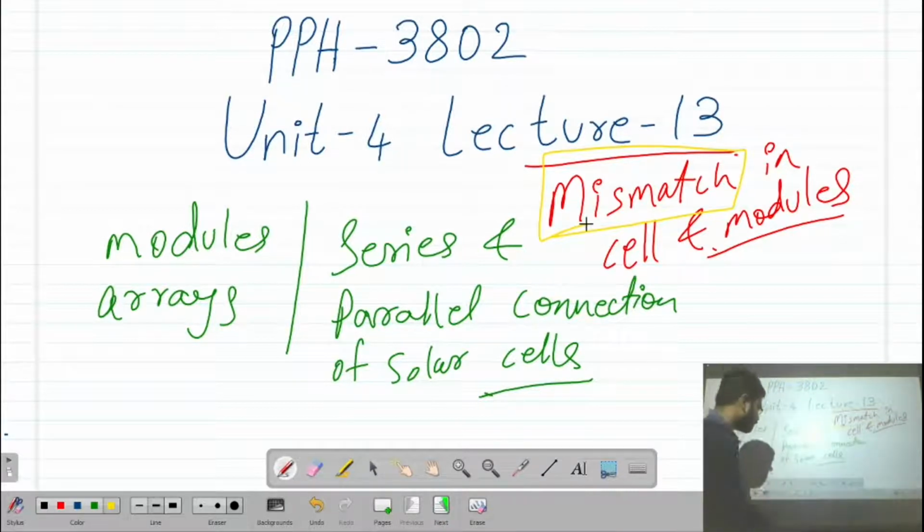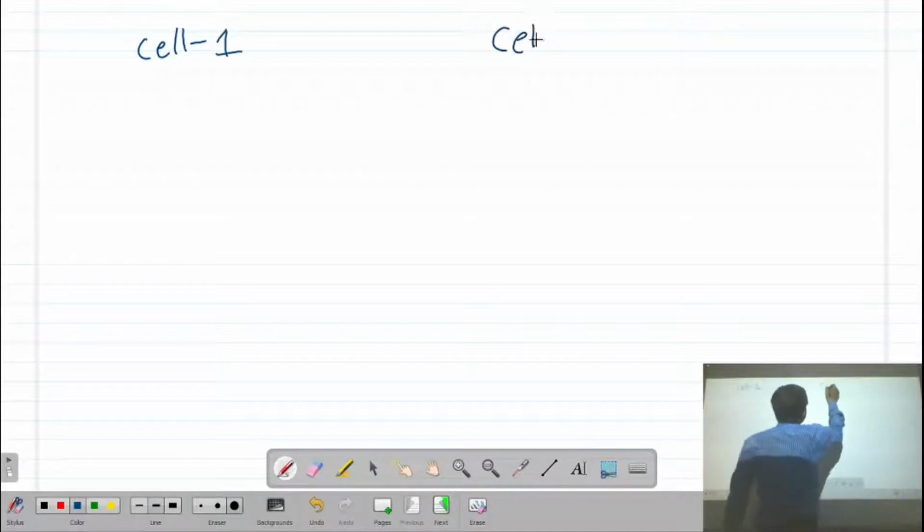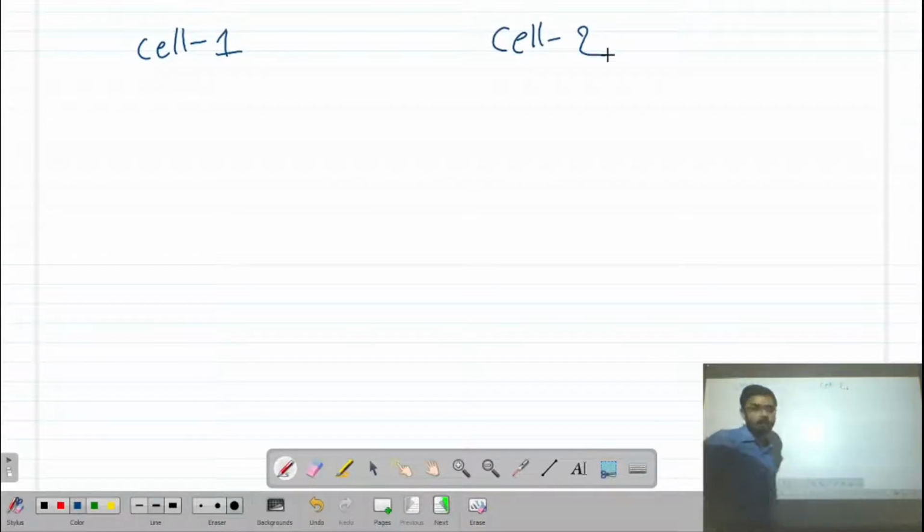Now, in an ideal condition, let us take two solar cells, cell 1 and cell 2, right?